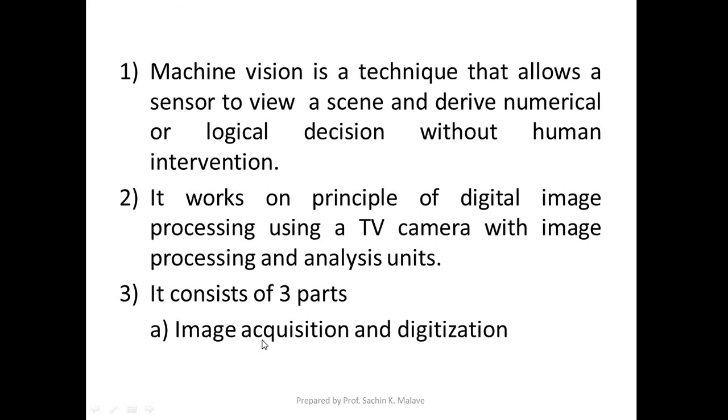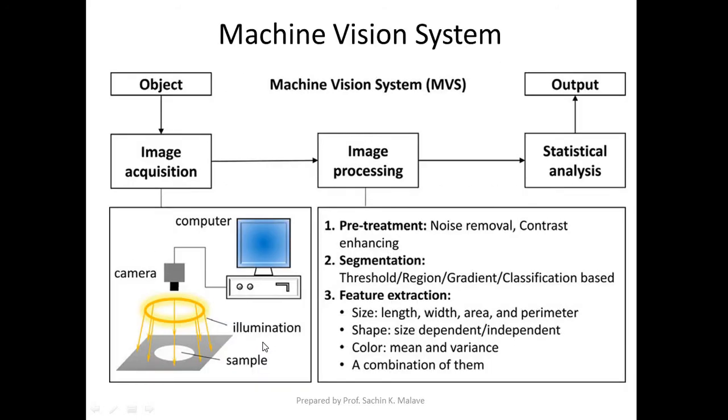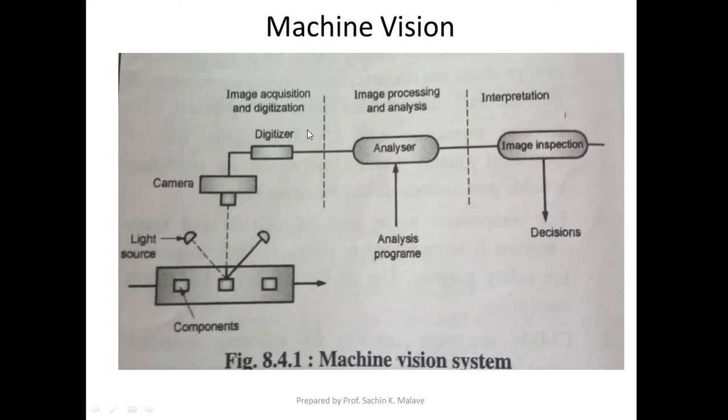There are 3 units in this machine vision system. The one on the extreme left is called image acquisition and digitization. As I told you, it works on the principle of digital image processing, so the initial work is to acquire the image of that particular situation.